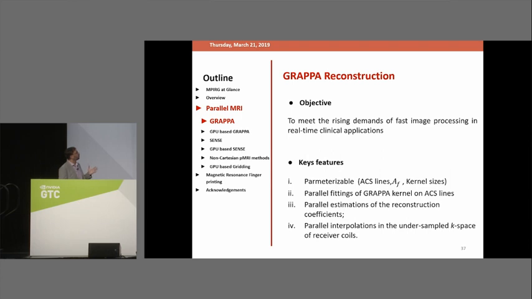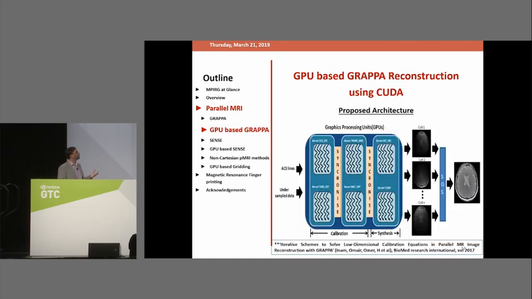So in our research, we wanted to develop a method which would be parameterizable, which could do parallel fittings of GRAPPA kernels on the ACS lines, which could do parallel estimations, and which could perform parallel interpolations in the undersampled K-space data of the receiver coils. For that purpose, we parallelized all those.